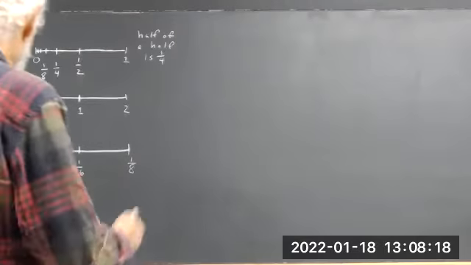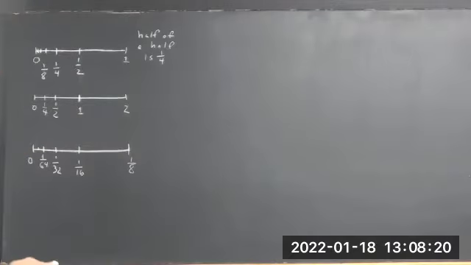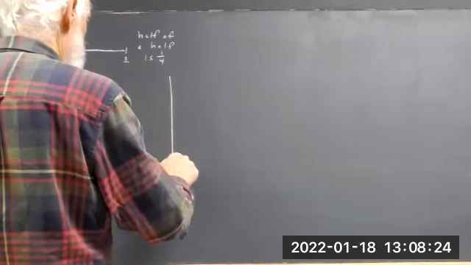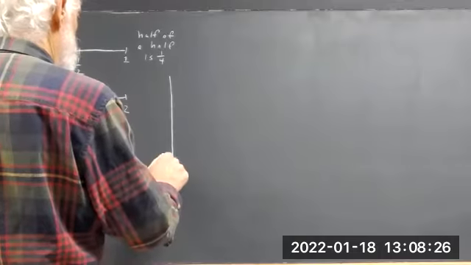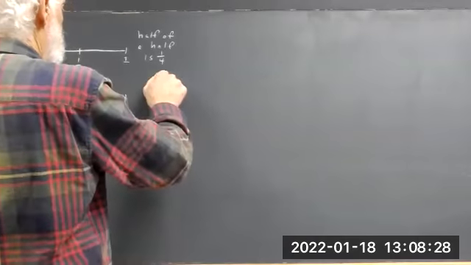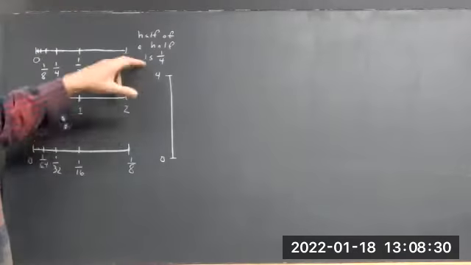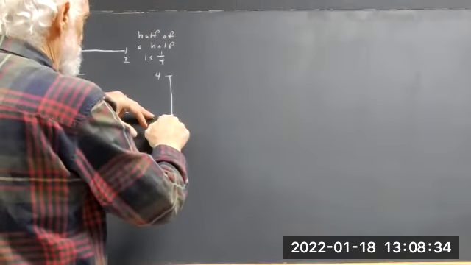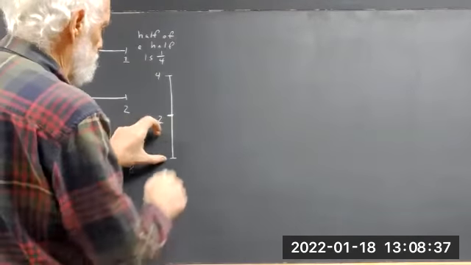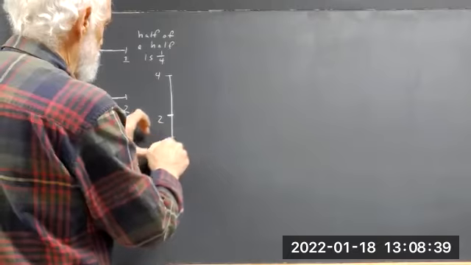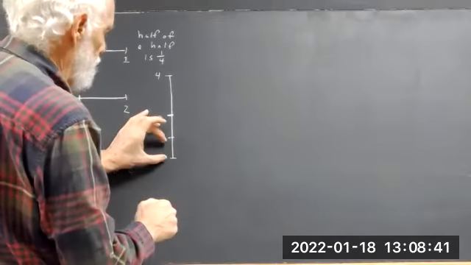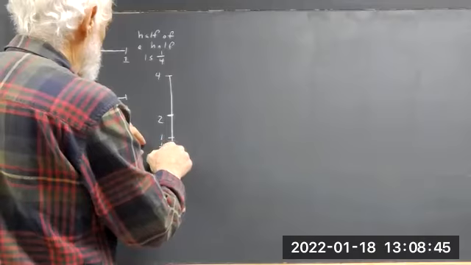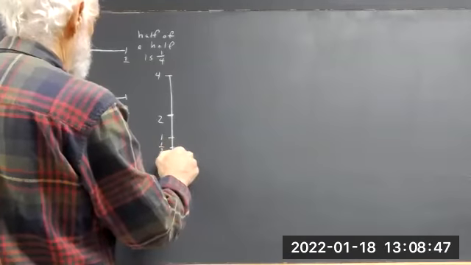Now, our intervals don't have to be horizontal. You can have an interval here. And we could declare that this interval goes from 0 to 4. So if we divide this in half, we're going to have 2. We divide this in half, we're going to have 1. We divide this in half, we're going to have 1/2.